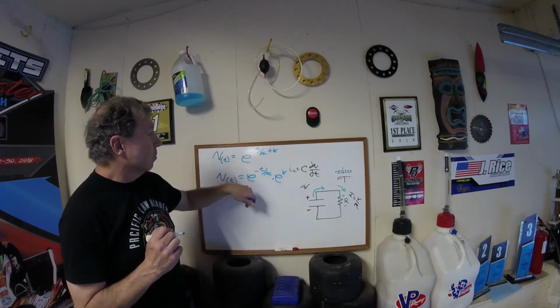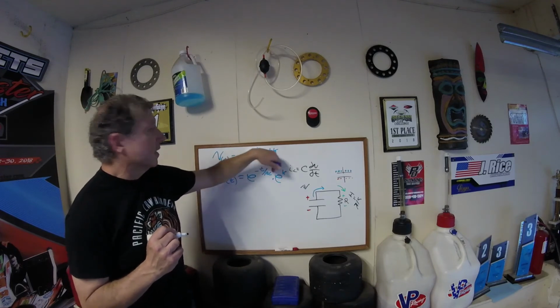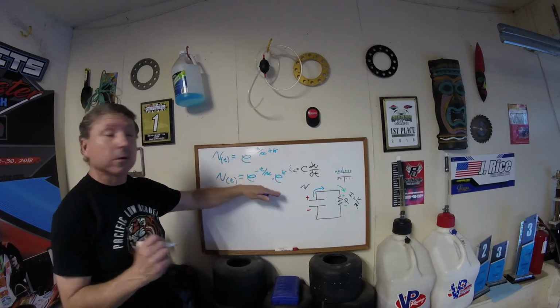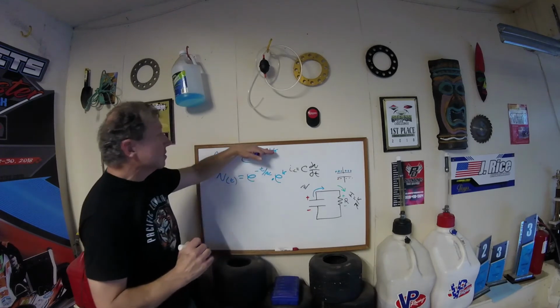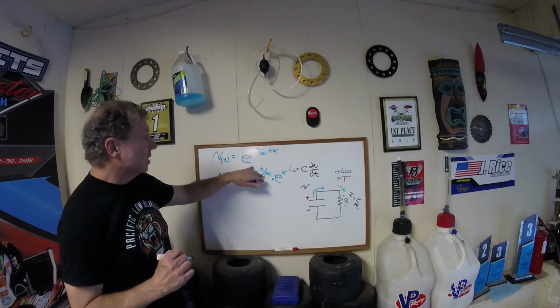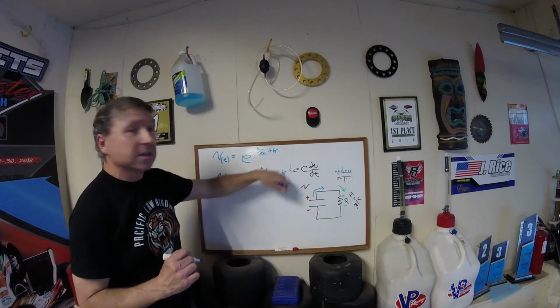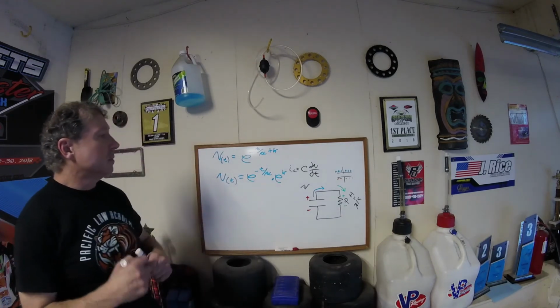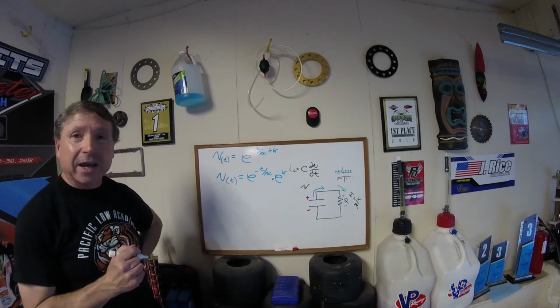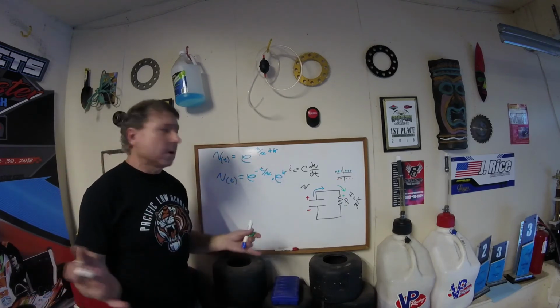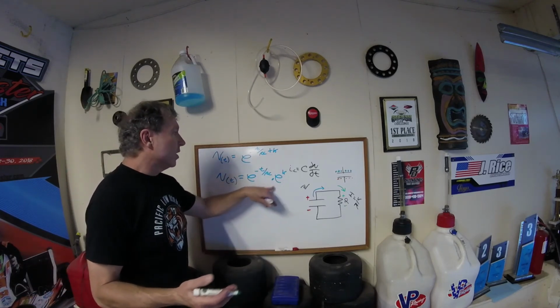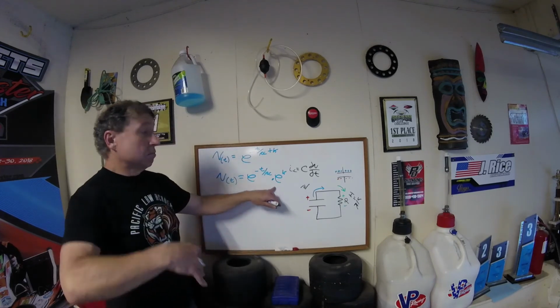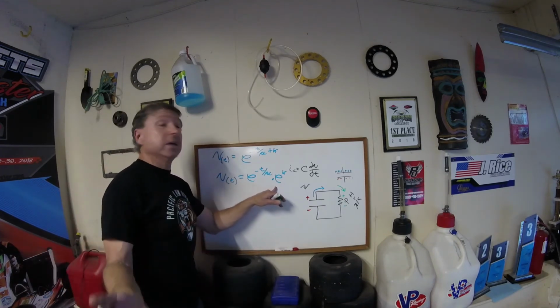It's like combining common base and adding the exponent. So I'm just doing it in reverse. So I'm breaking this back down the reverse way. It's e to the minus t over RC times e to the k. As it turns out, e to the k is still just a constant because e is a constant. So we can change this to some constant a or c or something like that.